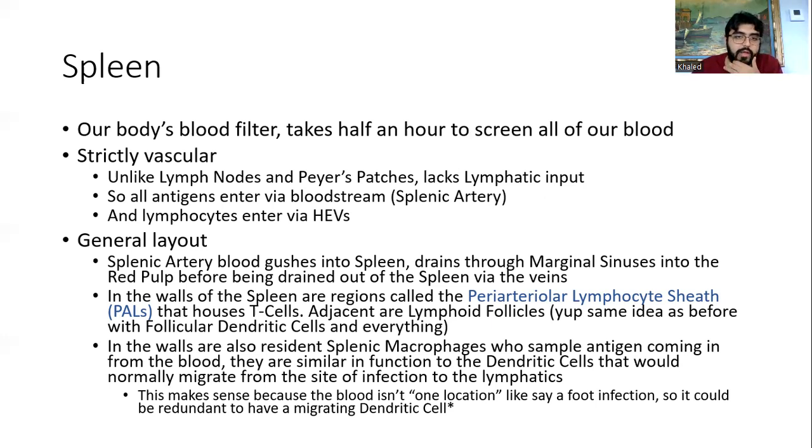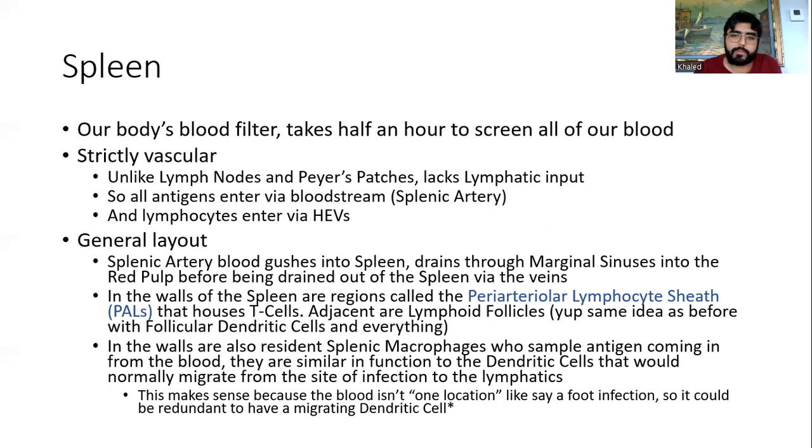But also you want to think about it as a place where there is something called the marginal zone B cell, and this is a specific subtype of B cell that has a very niche function, because it doesn't need a co-stimulatory signal to become an antibody producer. And so we'll talk about that in a minute. But just appreciate what the spleen can do.